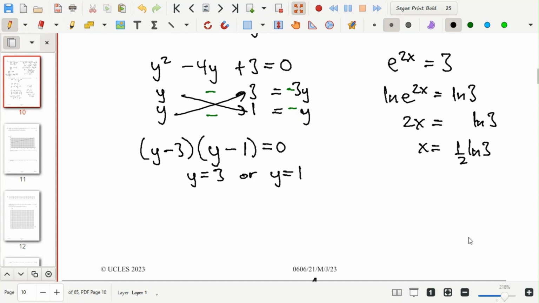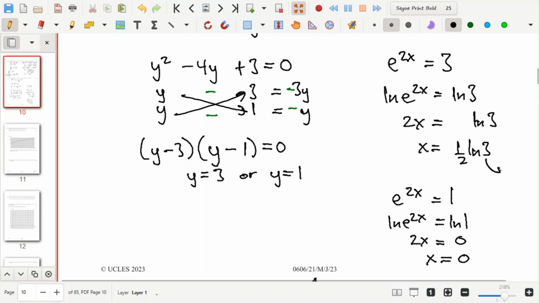Okay, and when y is 1, you find the ln of both sides. ln 1 is 0. So if I divide both sides by 2, I'll still get 0. So x is 0 or x is equal to half ln 3.